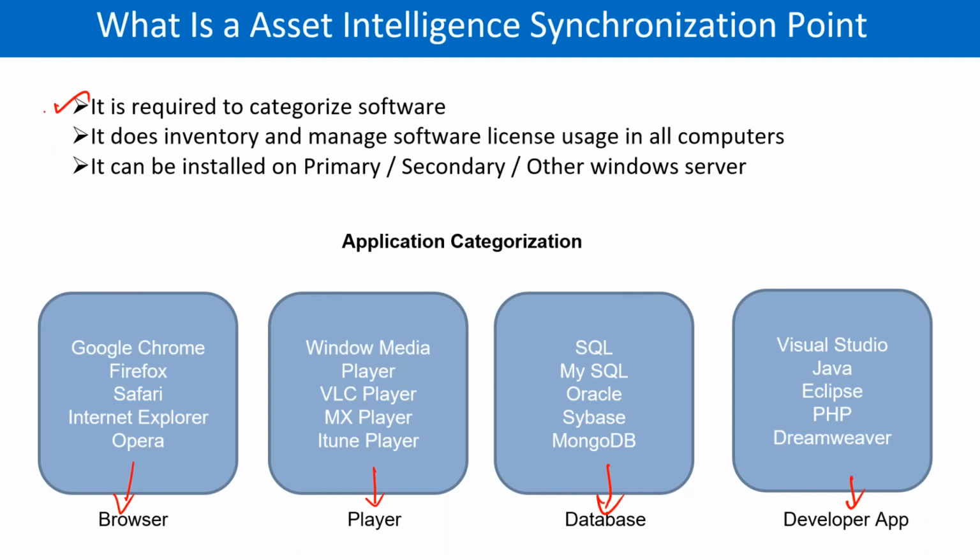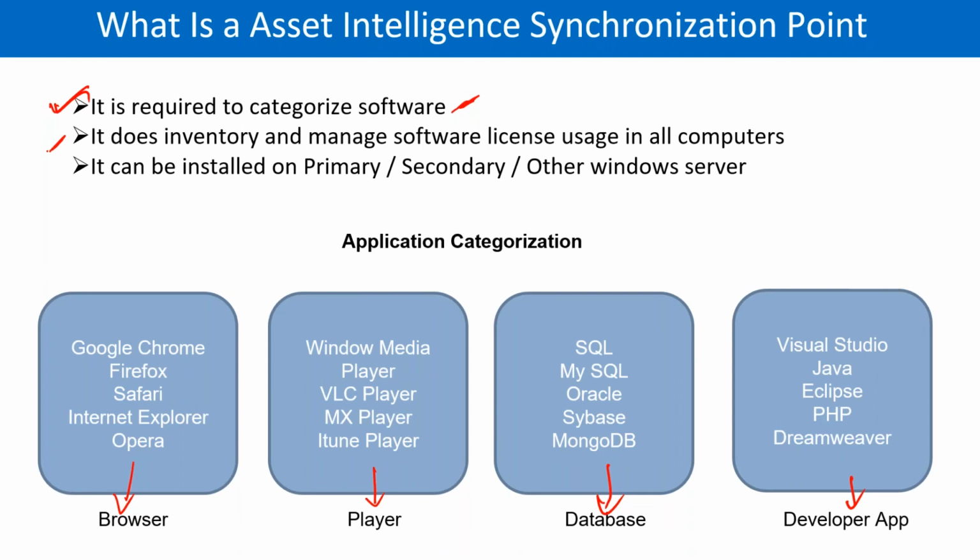So it helps you categorize the software. That is the first point. Second point, it does inventory. It finds out how many software are installed on the computers, what all software is present on each computer.